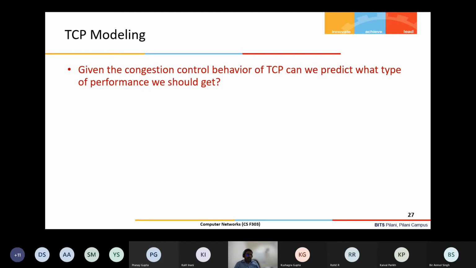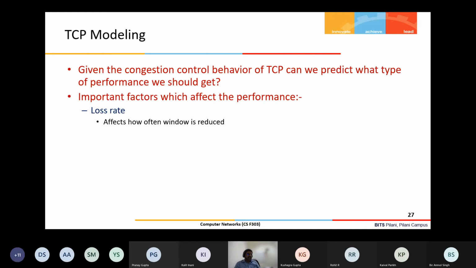So what are these parameters? Important factors which affect TCP performance: loss rate is very important. You know that every time a packet loss occurs, the sending rate is reduced by 50%. So if frequent losses are there, then certainly the throughput of the TCP connection is going to be affected severely, right? That's why the loss rate needs to be included in the TCP throughput formula.